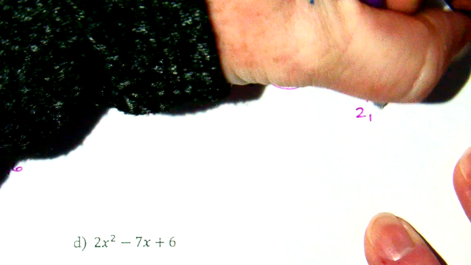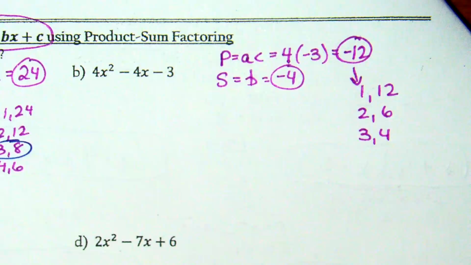What multiplies to be 12? 1 and 12, 2 and 6, 3 and 4. Which pair could possibly give me that negative 4? Yeah, 2 and 6.